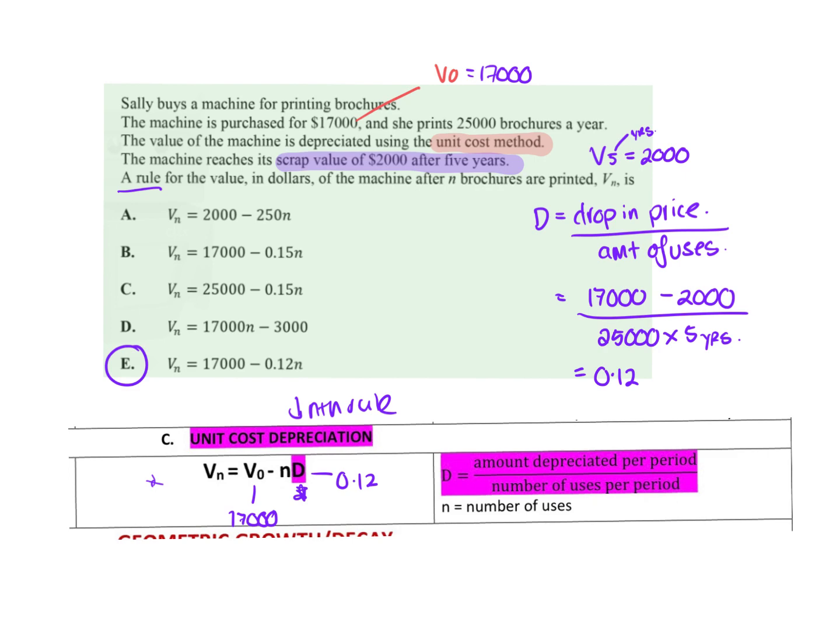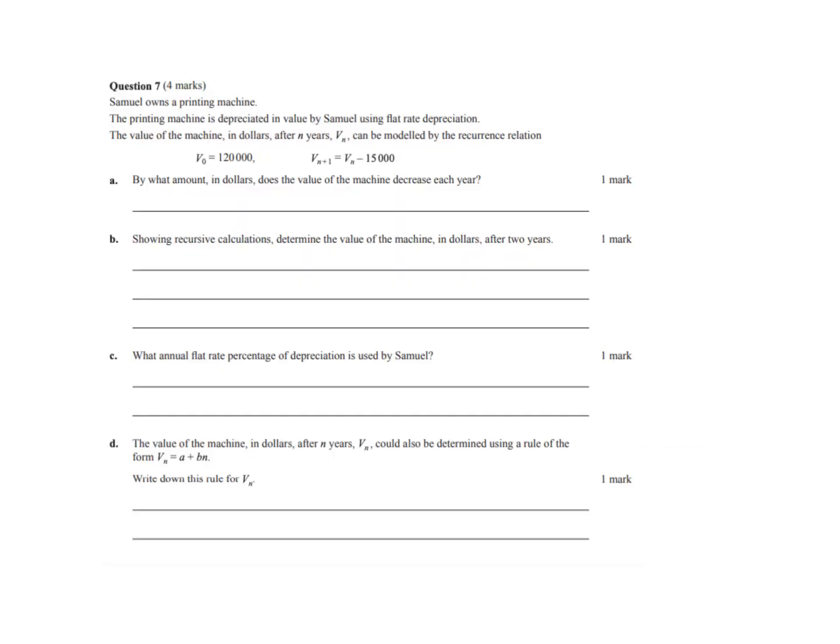Okay, question 7. Samuel owns his printing machine. The printing machine depreciated in value by Samuel using a flat rate depreciation. So we know it's flat rate, and they give me a recurrence model there.